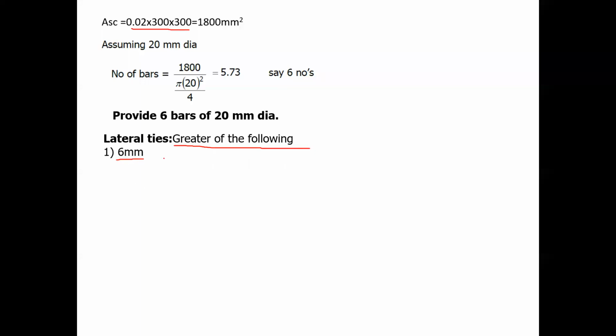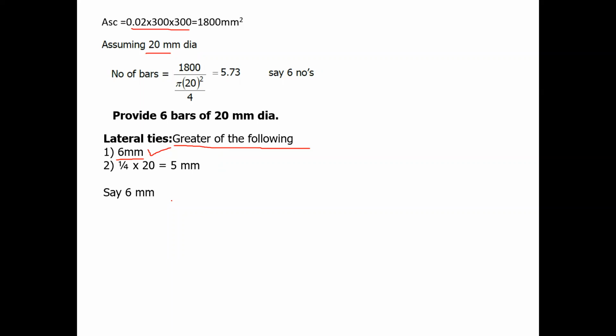The second condition is 1/4 of the larger dia of the main reinforcement. Here 20 mm dia is assumed, so it is 1/4 of 20 mm. Among these two, which is greater? 6 mm, so you have to consider 6 mm. Is that clear? Yes.